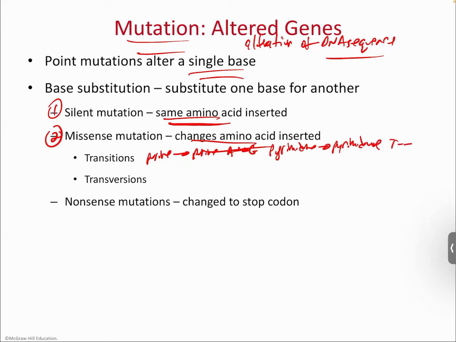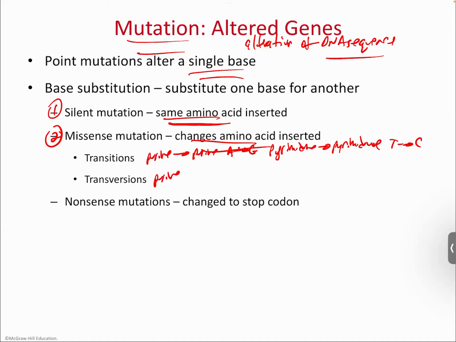That would be like a T to C type of change, okay? So those typically are a little less severe, but you will change the amino acid, and that could be a problem, right? So it depends on where that change happens. Even if there are multiple mutations in a single gene, a mutation is not the same as other mutations. So it depends on where it is and whether or not that part of the gene is tolerant to that change, okay? Transversions are a little more aggressive.